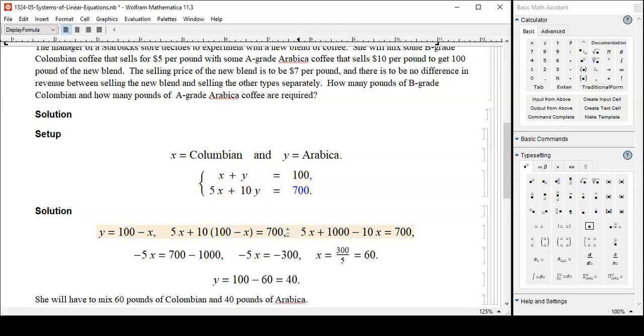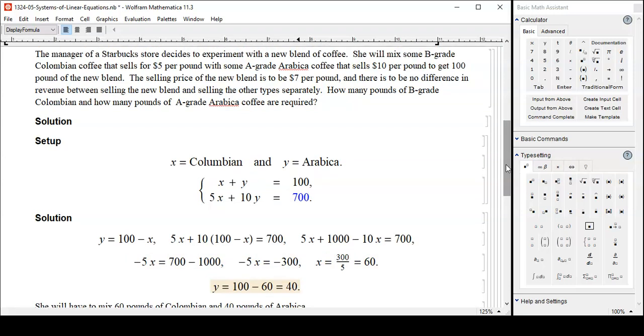So we get the second equation. Break up parentheses, and then take the like terms together. Negative 5x is equal to negative 300. So dividing, we get 60. So 60 pounds of Colombian. Subtracting from 100, we get 40 pounds of Arabica.